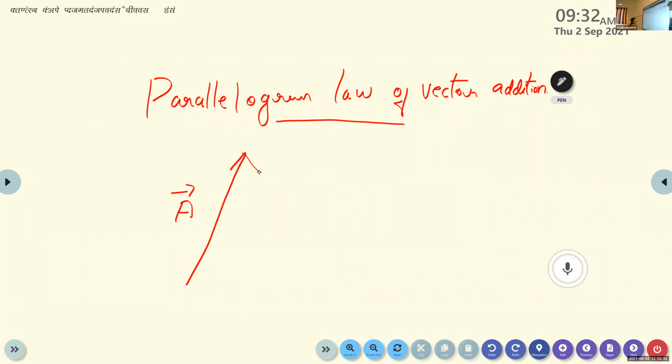Suppose we consider the two vectors, vector A and vector B, such that they are arranged like this.